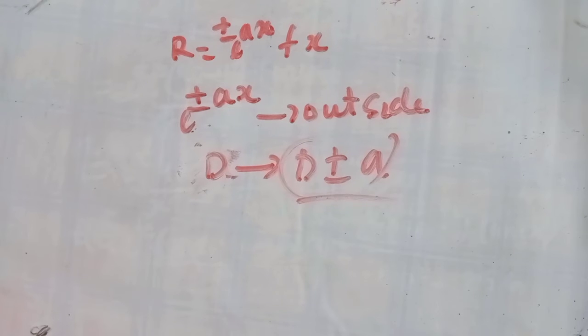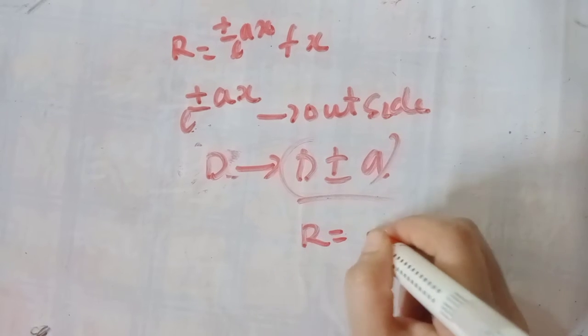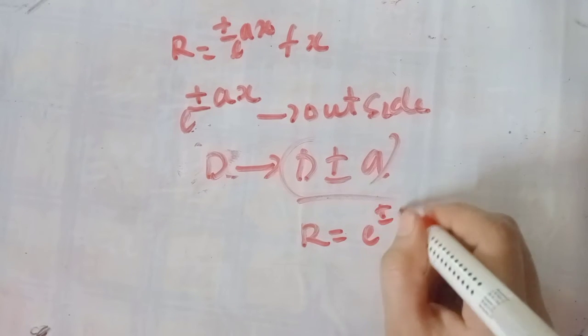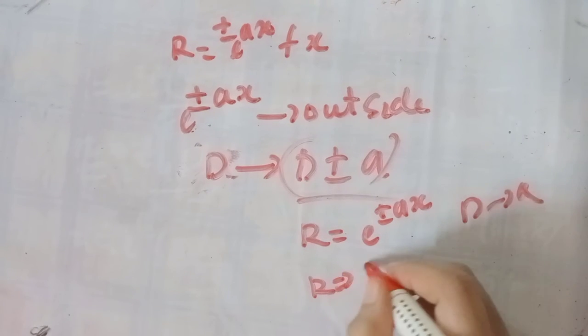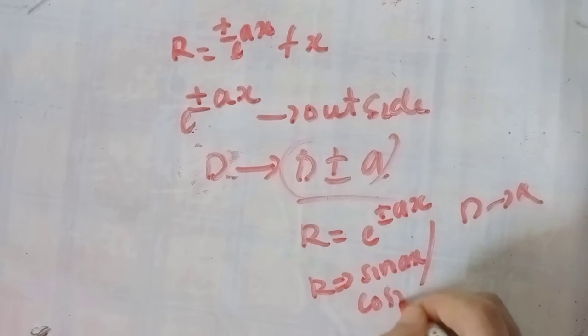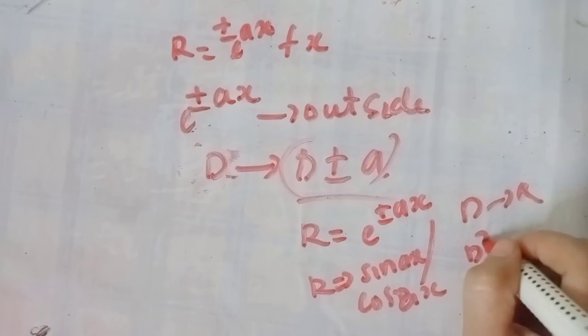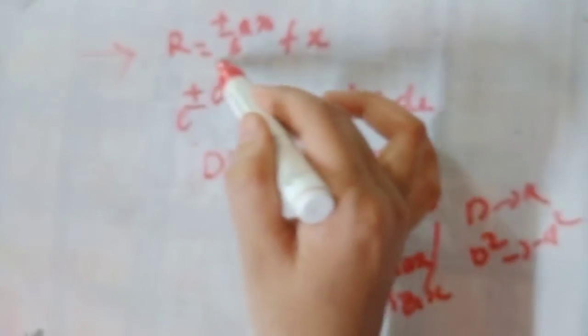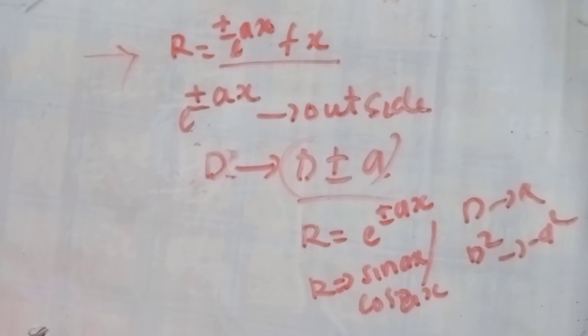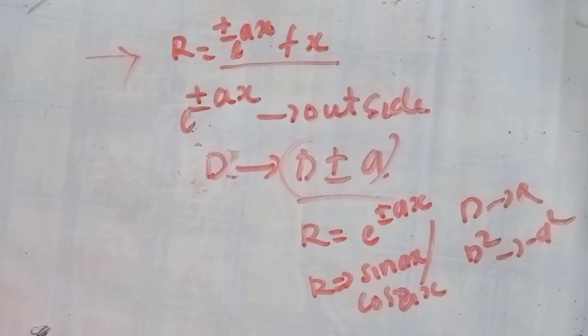In type 1, the right hand side is e raised to plus or minus ax, for which D is replaced with a. For sin ax or cos ax, D square is replaced with minus a square. This third type, e raised to plus or minus ax f of x, is the third step, in which e raised to plus or minus ax is taken outside and D is replaced with D plus or minus a.